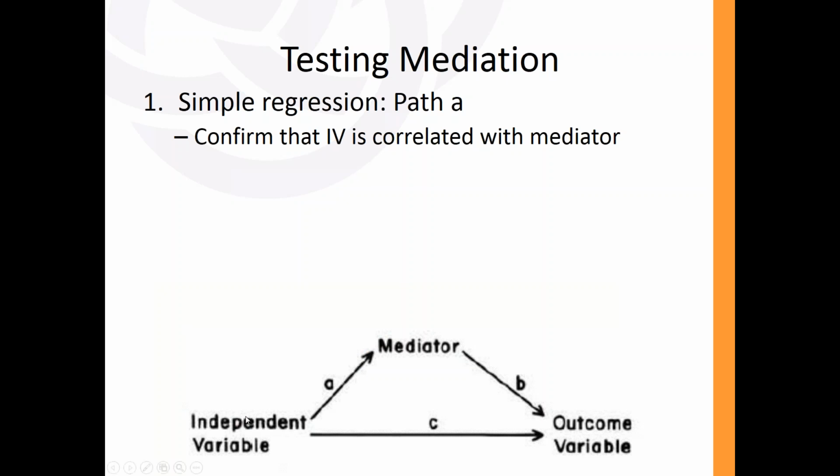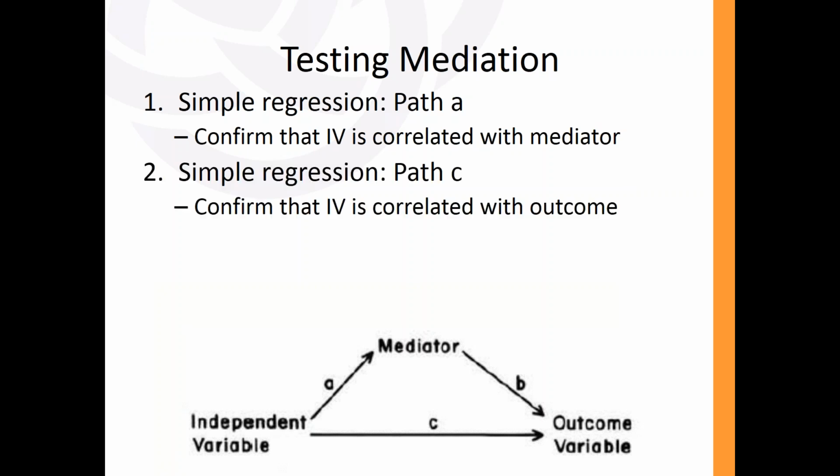That's path A. So you test that by doing a simple regression, which is just having one predictor and one outcome. It's similar to a correlation, but I should also note that you shouldn't be running these as correlations. It's important to run them as regressions for some technical reasons that have to do with the way that you interpret the coefficients later down the line.